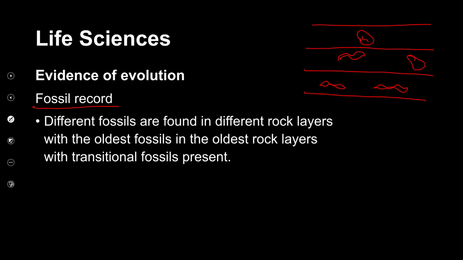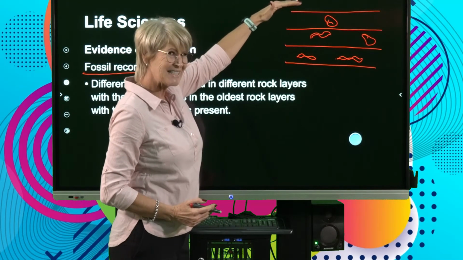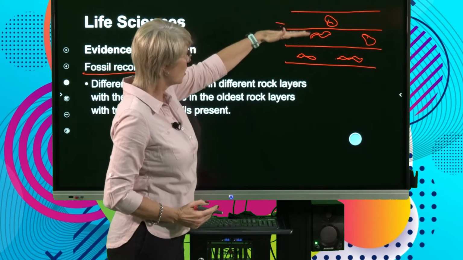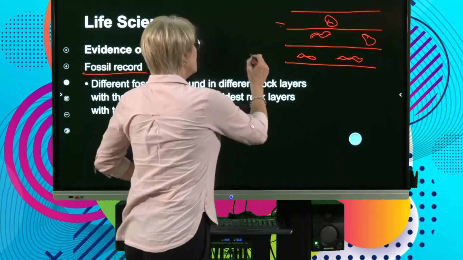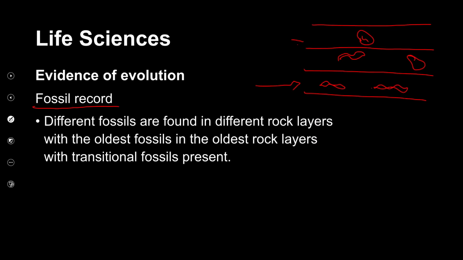And remember, when fossils are formed, layers of sand or sediment are deposited on top of the organism's body. So this layer here would obviously be the oldest, whereas this one over here would be the youngest.